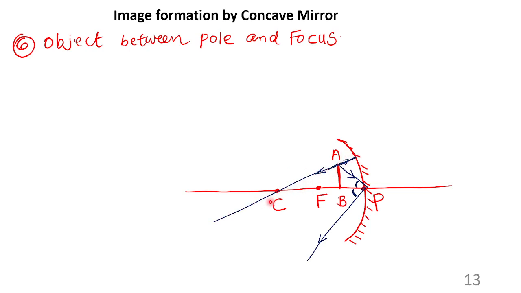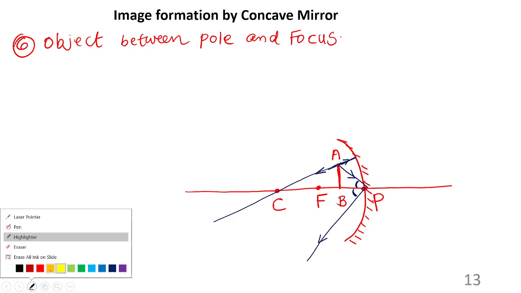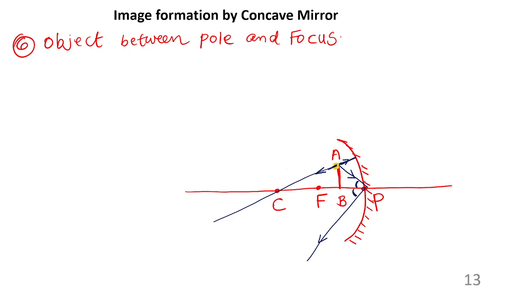Now I have got 2 reflected rays coming out of A. This is one of the reflected rays. It was normal, but rebounded through the same path, going like this. And another reflected ray going like this. The 2 reflected rays I have highlighted.